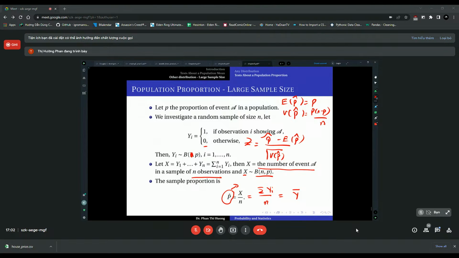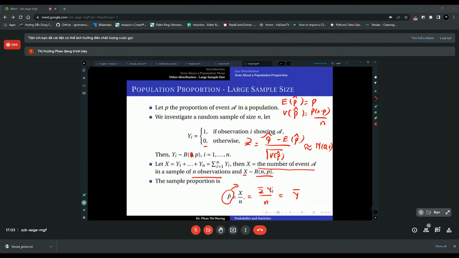So once more, even though we're working with the population proportion, it still returns to the sample mean. It's similar to the first three cases. Hence Z equals p hat minus E of p hat over the square root of the variance of p hat, and p hat equals y bar. Using the central limit theorem, it approximately follows the standard normal 0 and 1.